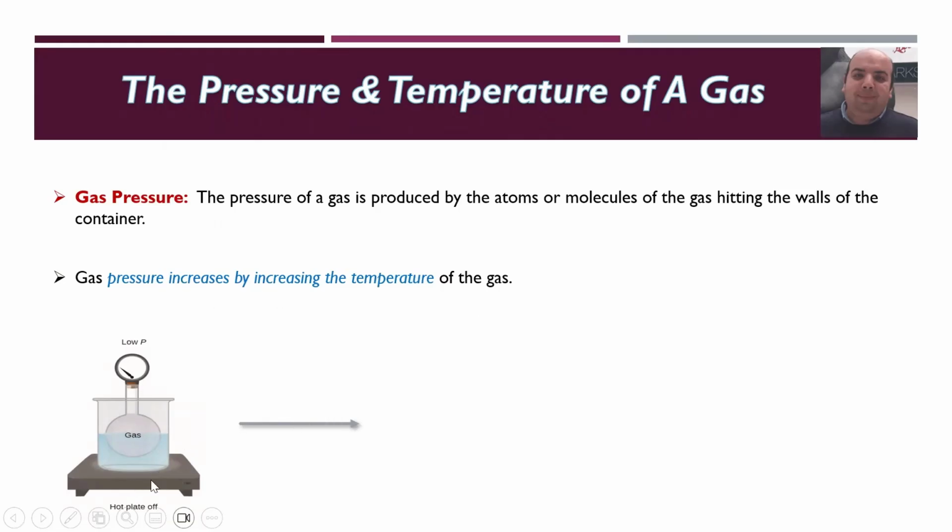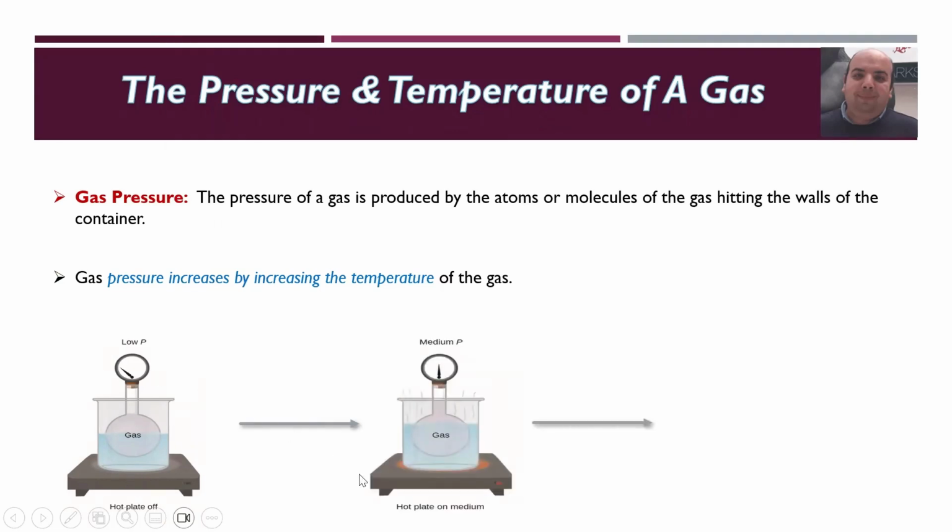So gas pressure increases by increasing the temperature of gas. Look at this one. Hot plate is off, pressure is low. Hot plate on medium, pressure is medium. And hot plate on high, pressure is high at the same time.